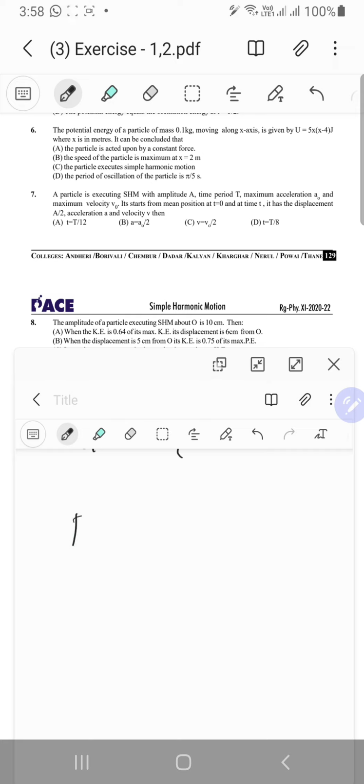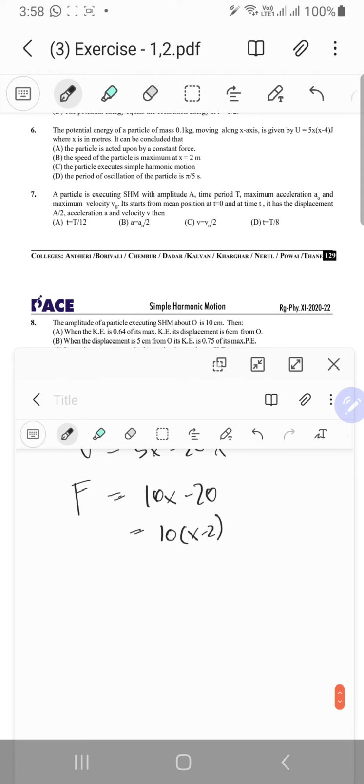So what's the force though? Potential is 5x squared minus 20x. So the force is just going to be 10x minus 20, which is 10 into x minus 2.